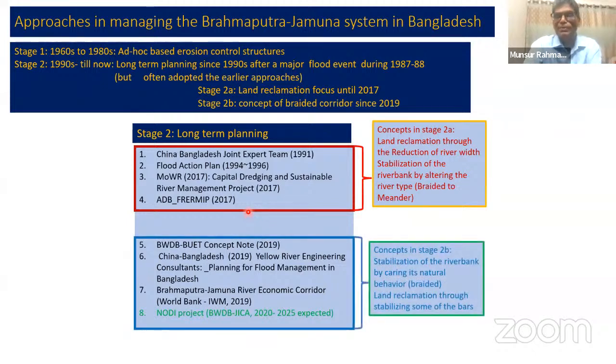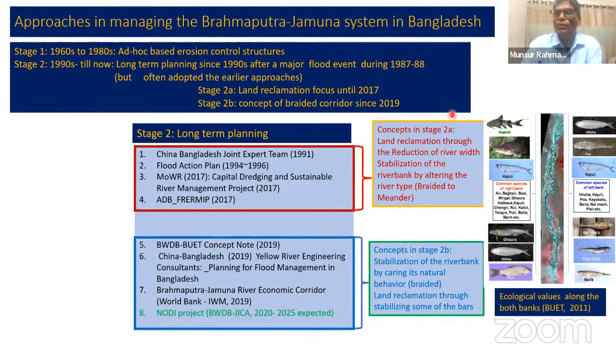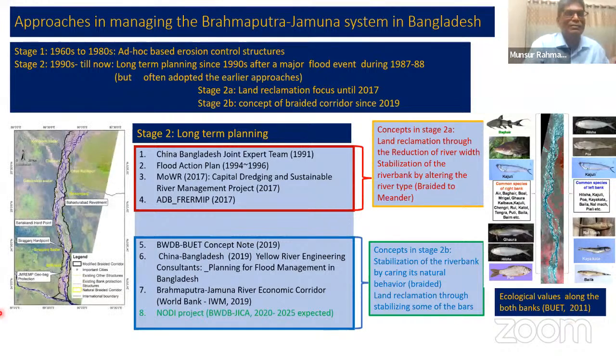And the second set of planning documents are focusing on keeping the braided corridor, but stabilizing some sandbars to reclaim land inside the river. And because of the importance of the aquatic life that we have been advocating for the last decade, the braided corridor concept is recently getting more focus.